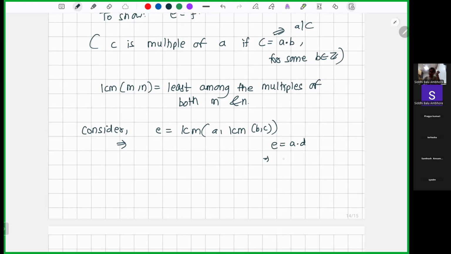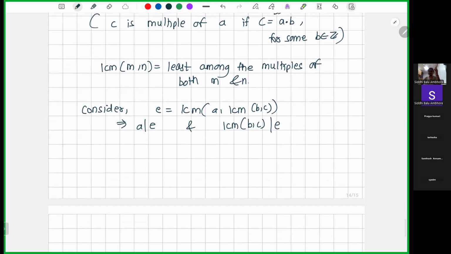So a divides E. That's how it goes. Not E divides a, b, c; rather a, b, c will divide E. So a will divide E and LCM of b and c will divide E. I hope you understand.